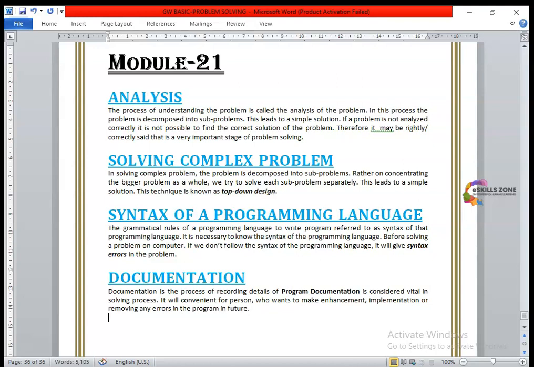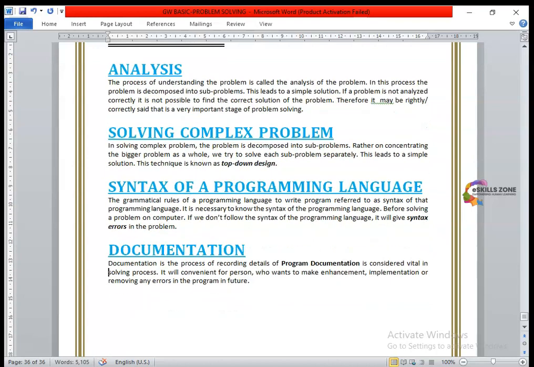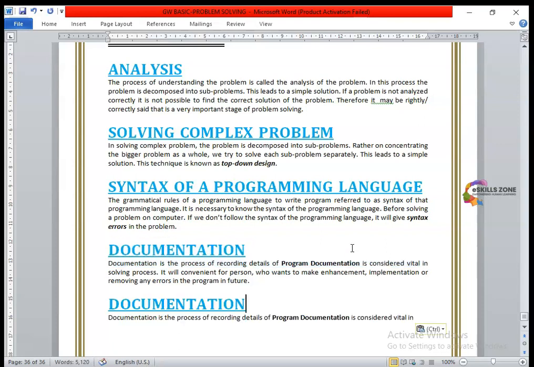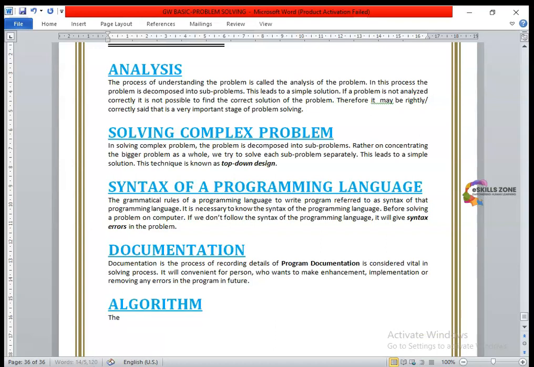So the last definition which we will discuss today is the algorithm. Very, very important. The step-by-step procedure for solving a problem is called algorithm.